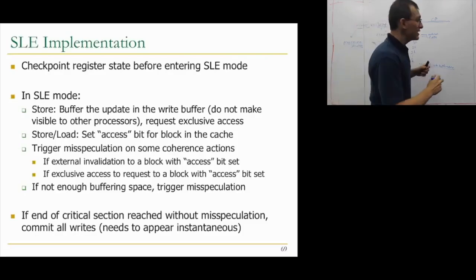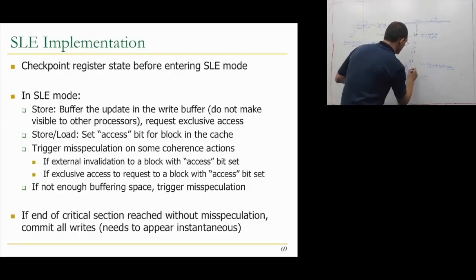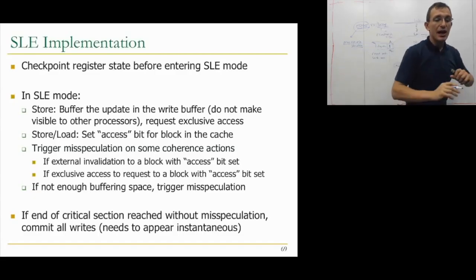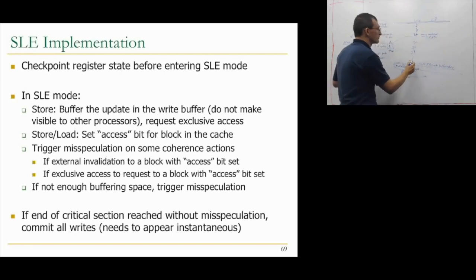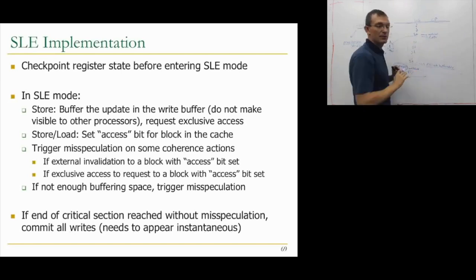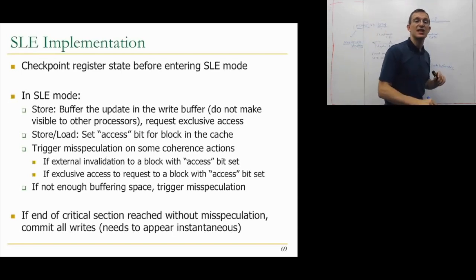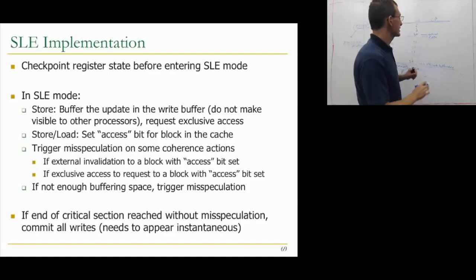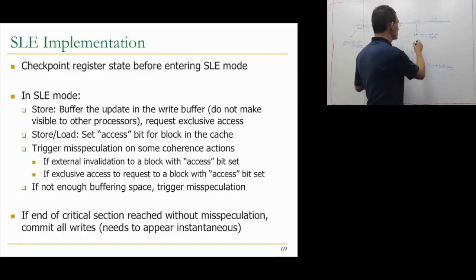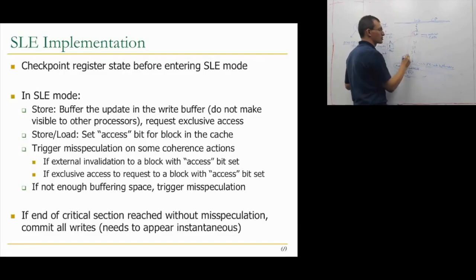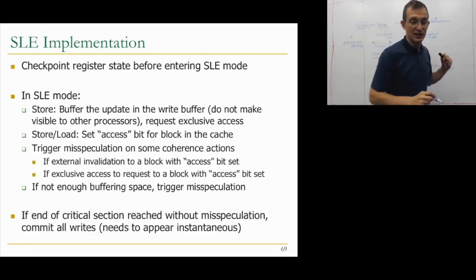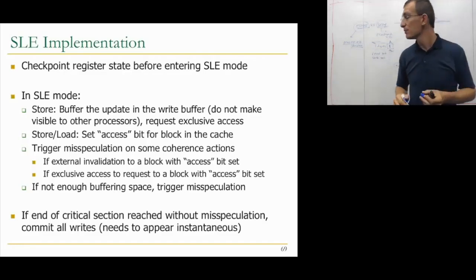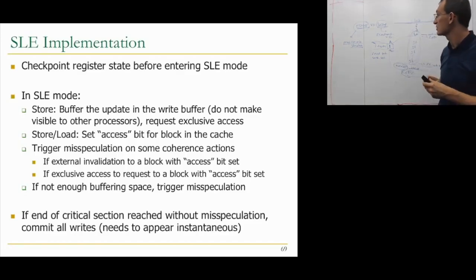And if the end of the critical section is reached, which means that the processor detects the unlock over here, if this end is reached without misspeculation, all of the writes that are in the write buffer are committed. And this needs to happen instantaneously. Right? It needs to become visible to all processors as committed right away. All of the other processors should be able to get those values atomically. All of these stores need to happen atomically. Right? So that's the key idea. That's the implementation of speculative lock elision.